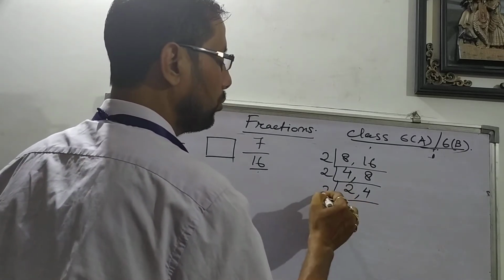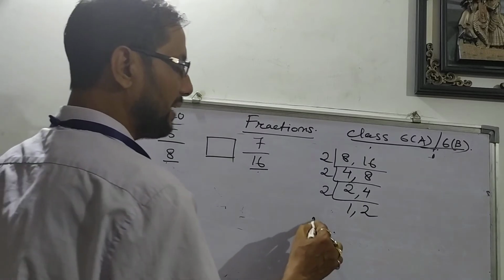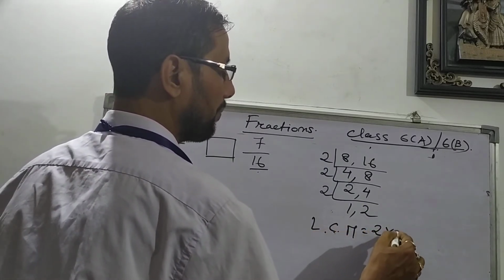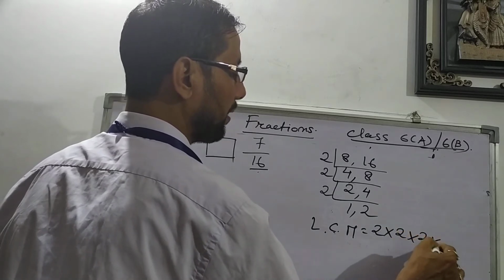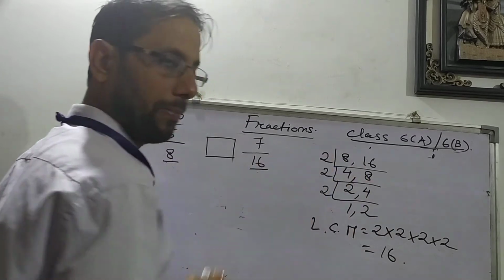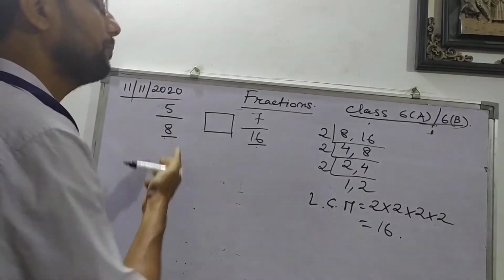Again 2 1s are 2, 2 2s are 4. Now LCM is equal to 2 multiplied by 2 multiplied by 2 multiplied by 2, which is 16. 16 is the LCM. That means I have to convert this so that the denominator is 16.